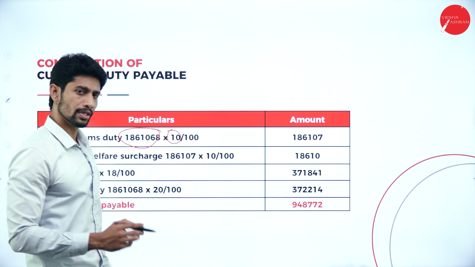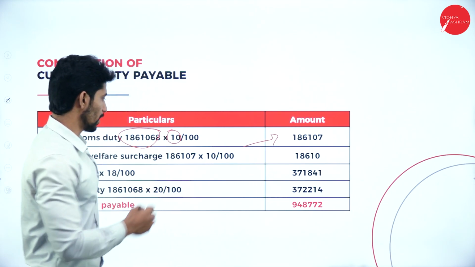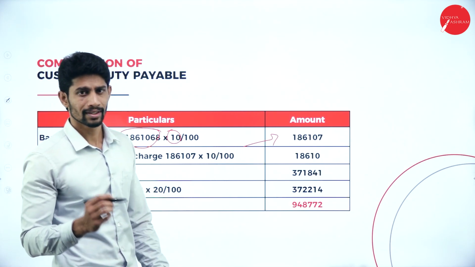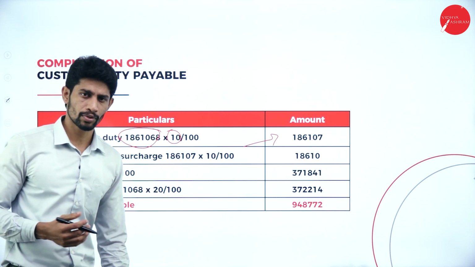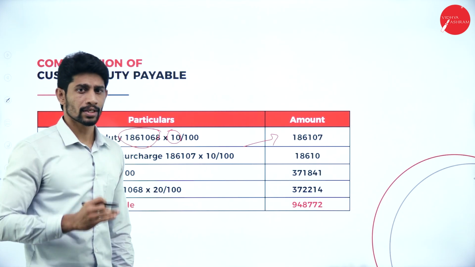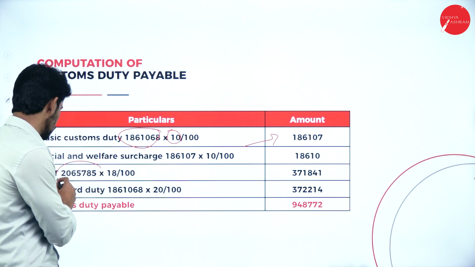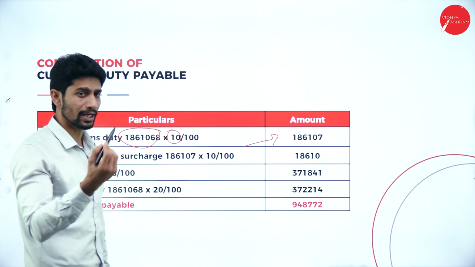Next, social and welfare surcharge is given. It is 10%. It is constant, right? Yes, it is constant. Next, 1,86,107 into 10%. You will get 18,610 rupees. Next, IGST. IGST is supposed to be computed on assessable value, basic custom duty and social welfare surcharge. Together, it comes to rupees 20,65,785 into 18%.